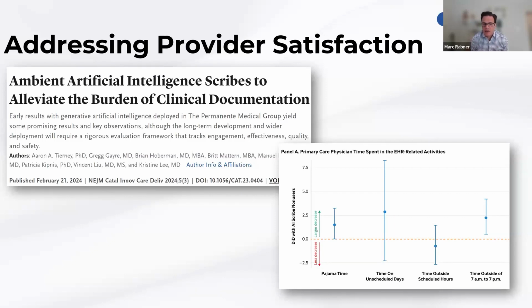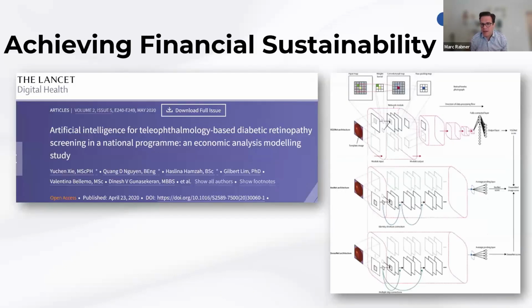On the next slide, there have been a lot of questions about the impact on cost. And there are some estimates that AI will save the US healthcare system 5 to 10% over the next 5 years. And that's over $200 billion per year.